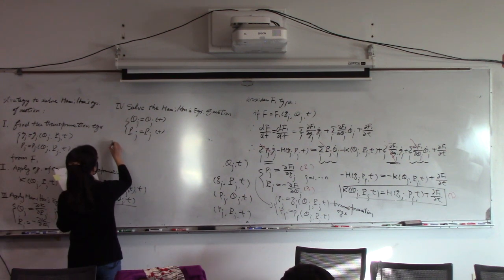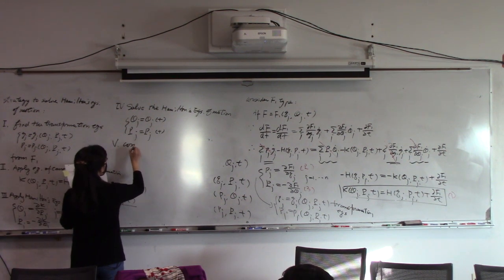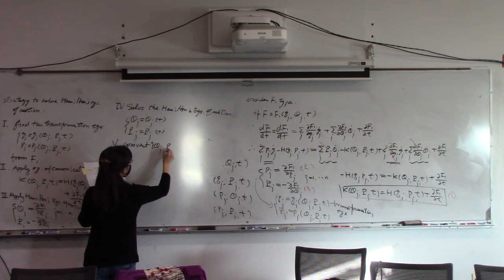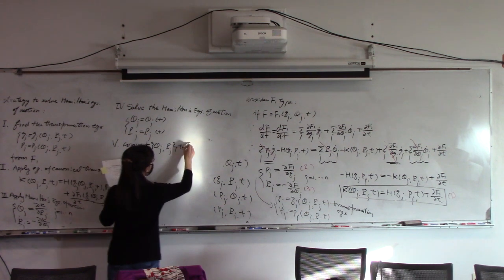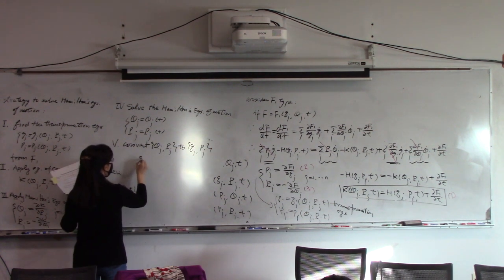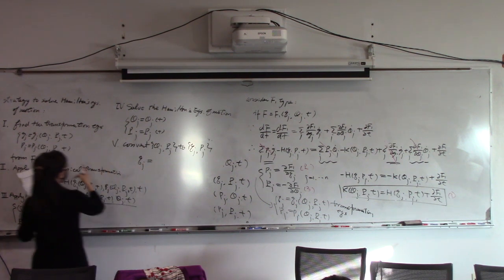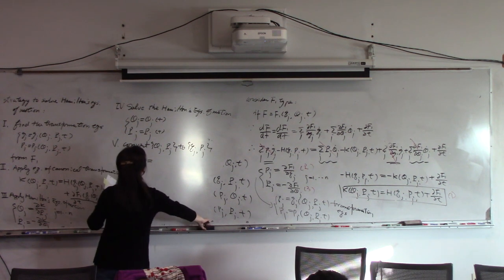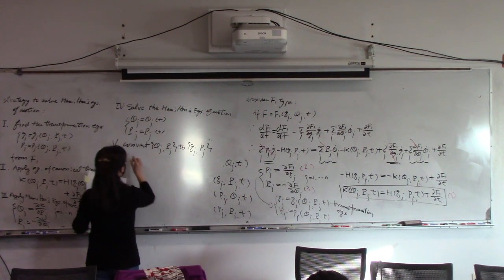Then the last step: convert the new Q_J, P_J to the old ones, because that is our goal. How to do that? You just use the transformation equation.